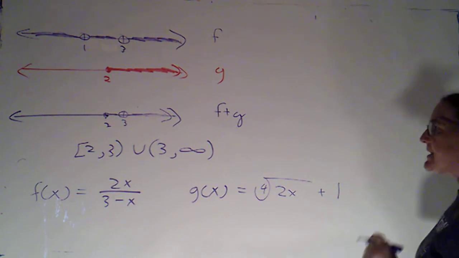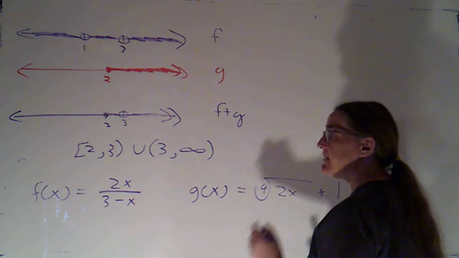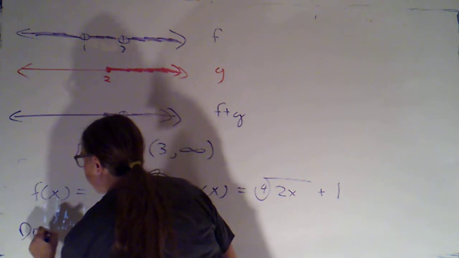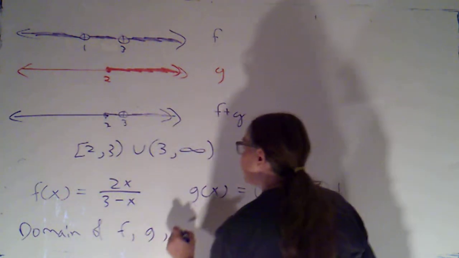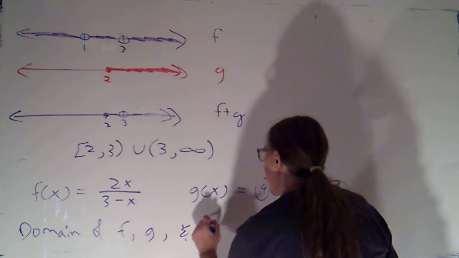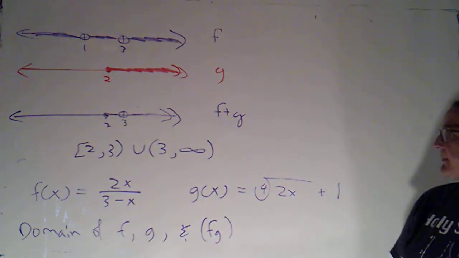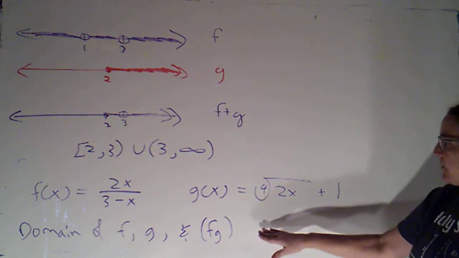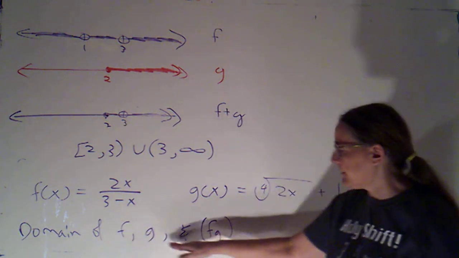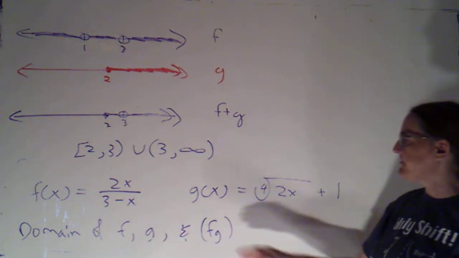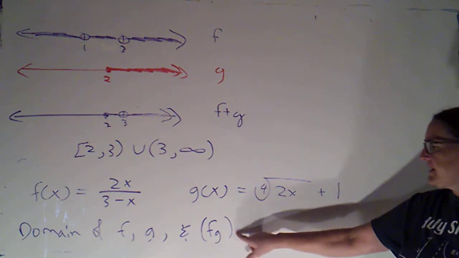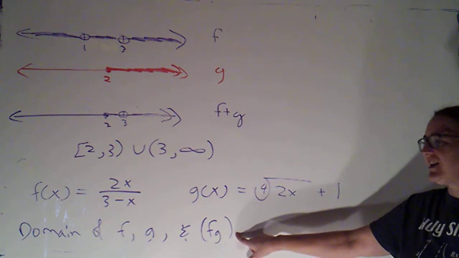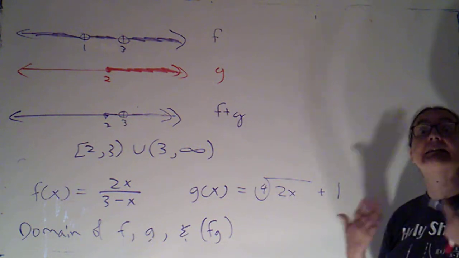Okay, and I want you to find the domain of f, g, and f times g of x. Okay, so find me the domain for these 3 functions, and go ahead and write out the formula for f times g. Find me that formula and simplify it as well. And then we'll take a look at that in the next video.